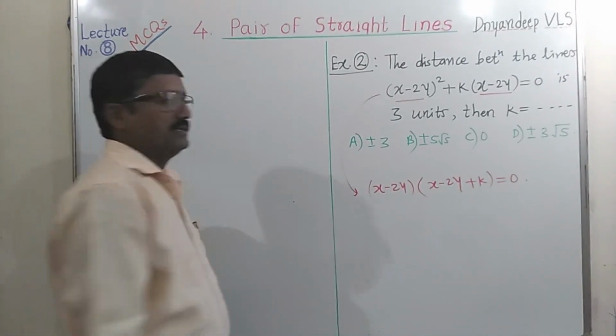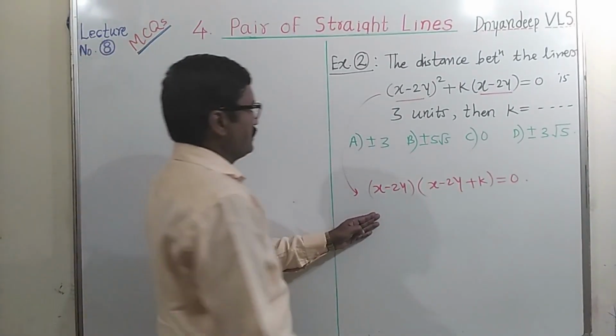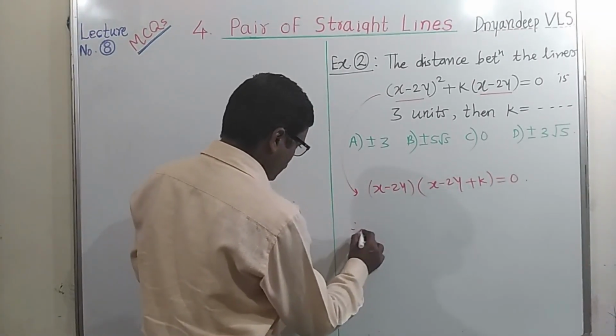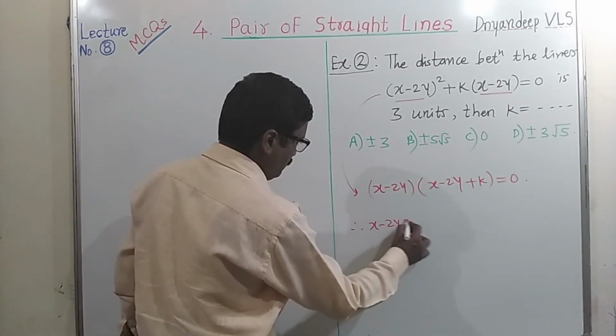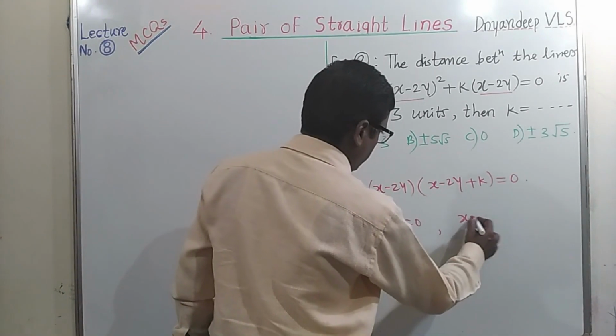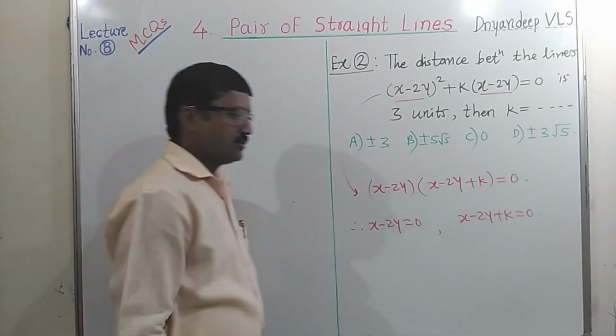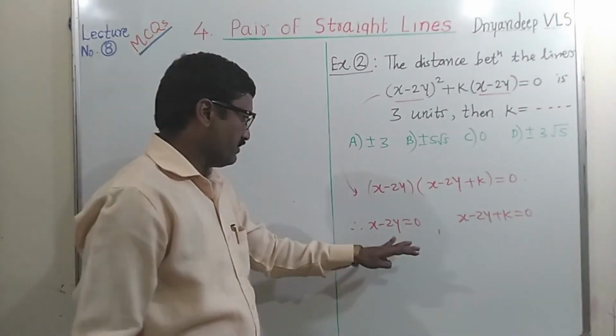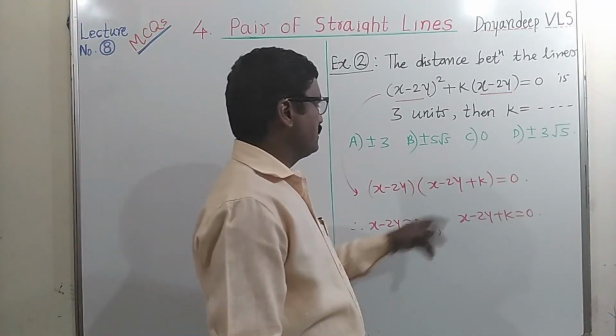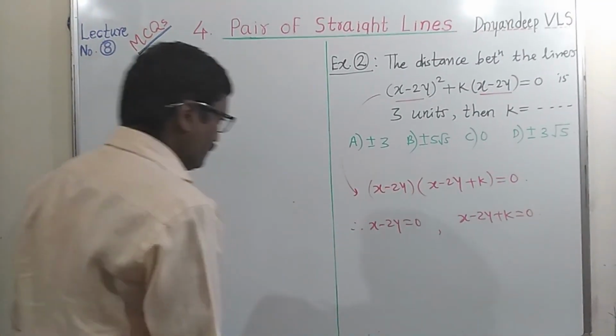So these are the product of two lines, and therefore their separate equations are x minus 2y equal to 0 and x minus 2y plus k equal to 0. These are the separate equations of the lines, and now the distance between these two lines is 3 units.